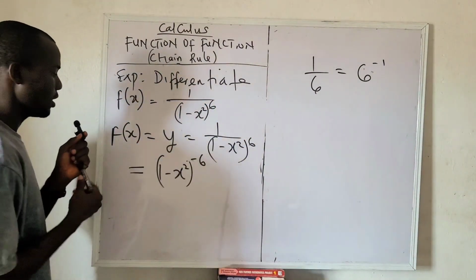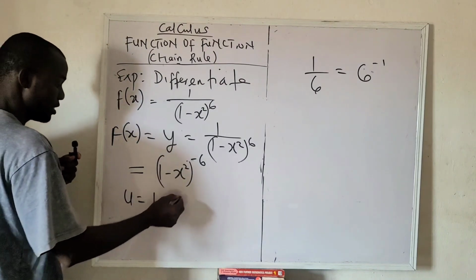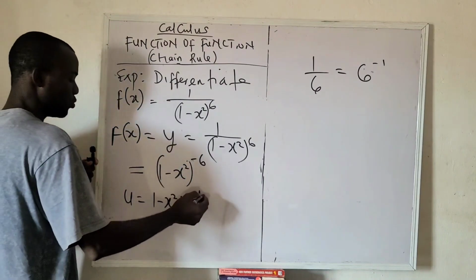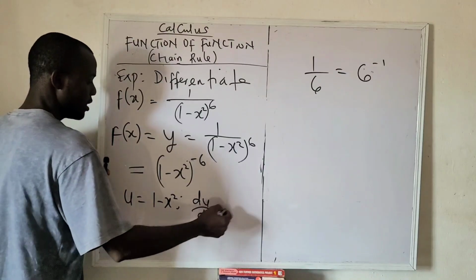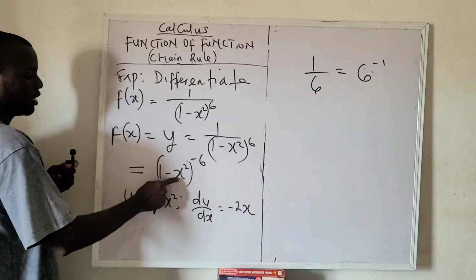So now with this, we can tell that our u here is 1 minus x squared, and then our du over dx is negative 2x, because this is what we are looking at.